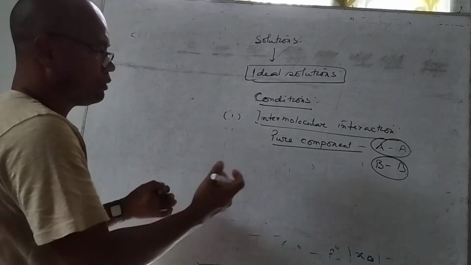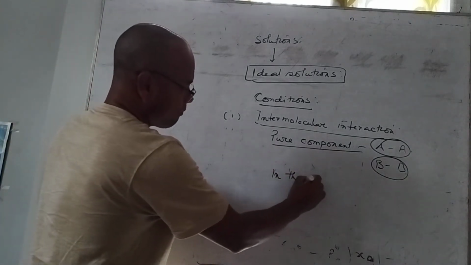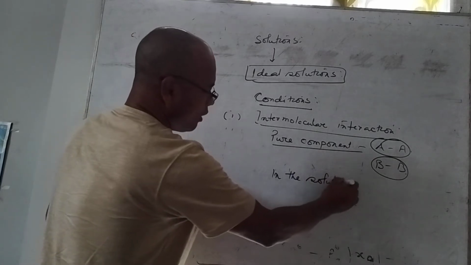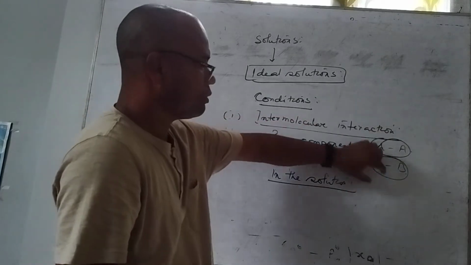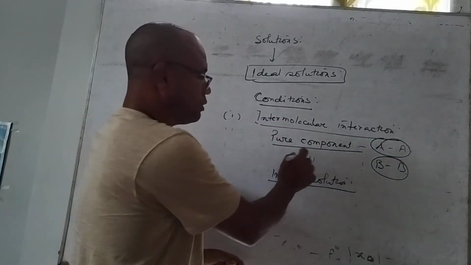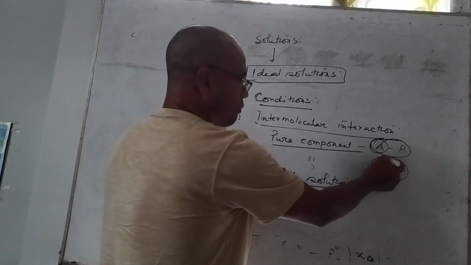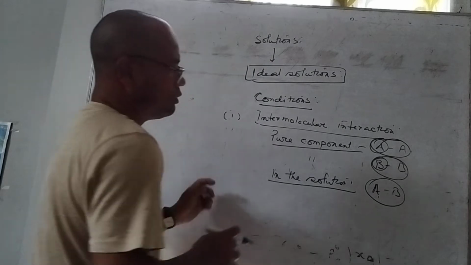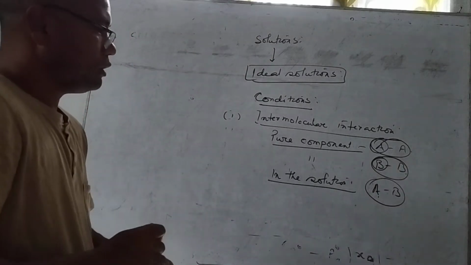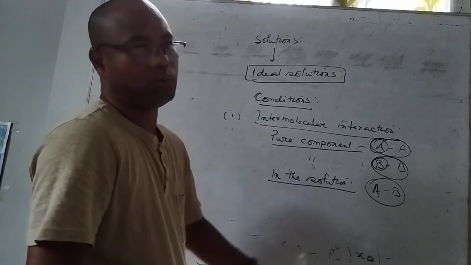Now another one is in the solution. In the solution means once we mix these two components, this A may be combined with the B, so this is AB, right? So this is the components present in the solutions.